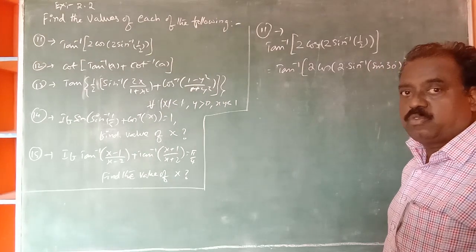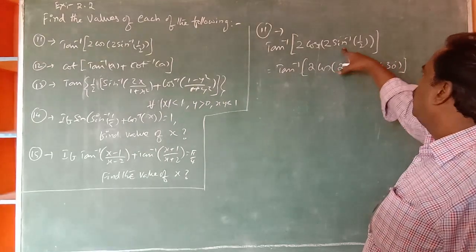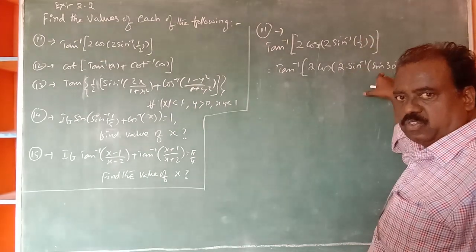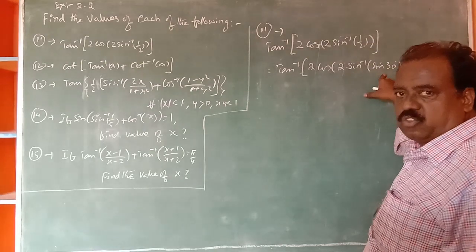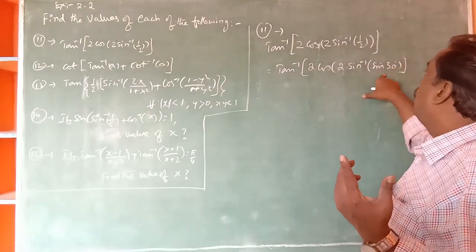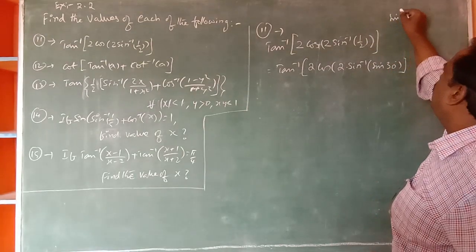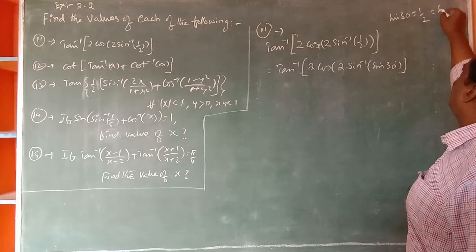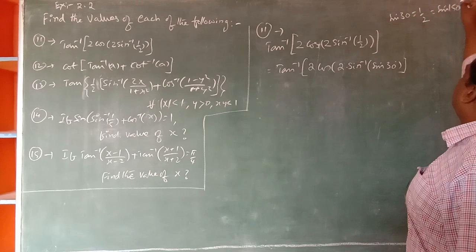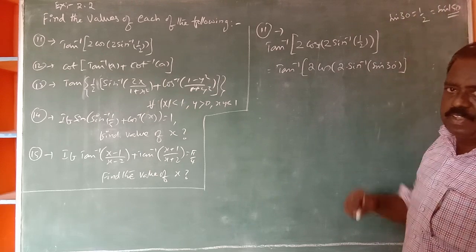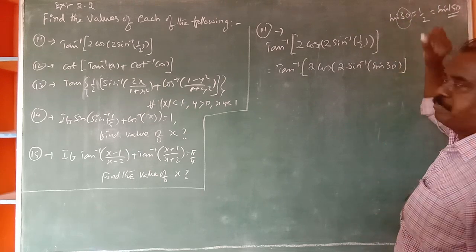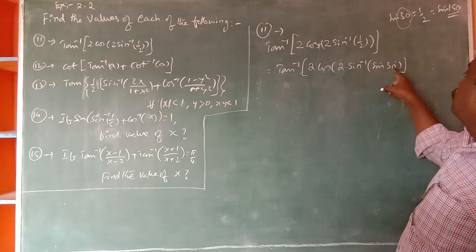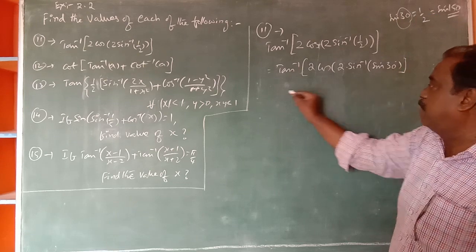Many problems we solve: sin inverse 1 by 2, 1 by 2 is sin 30 degrees. You take only 30 degrees. Many times I repeat, sin 30 is 1 by 2, and also it is sin 150. But don't go to 150. Only the first principal value of the angle, 30 degrees. So I am taking here sin 30.